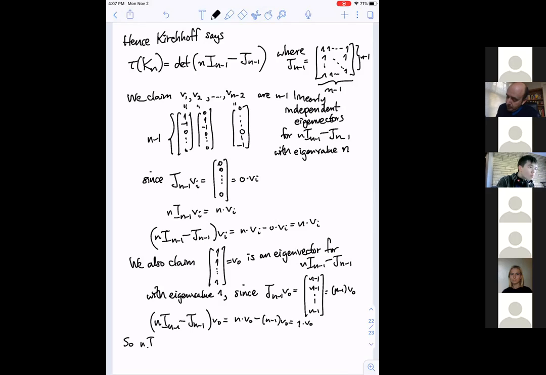So this matrix has eigenvalue list. Well, it's got the eigenvalue n several times. It's got it n minus 2 times, n, for a total of n minus 2 times. And then it's got the eigenvalue 1 occurring once.